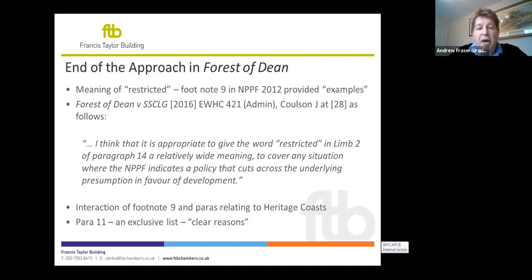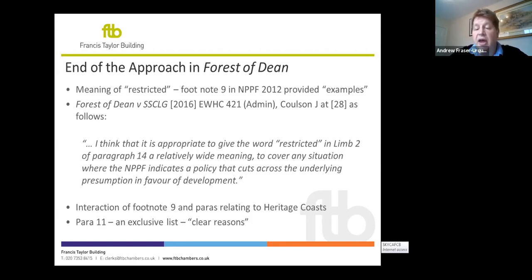And matters went through the court and reached the High Court, Coulson J in the Forest of Dean case, for which you've got the reference on the slide. And it was suggested that it is appropriate to give the word restricted a relatively wide meaning to cover any situation where the NPPF indicates a policy that cuts across the underlying presumption in favour of development.